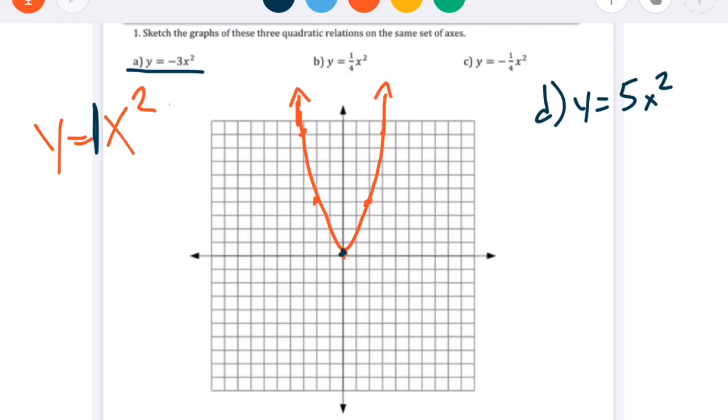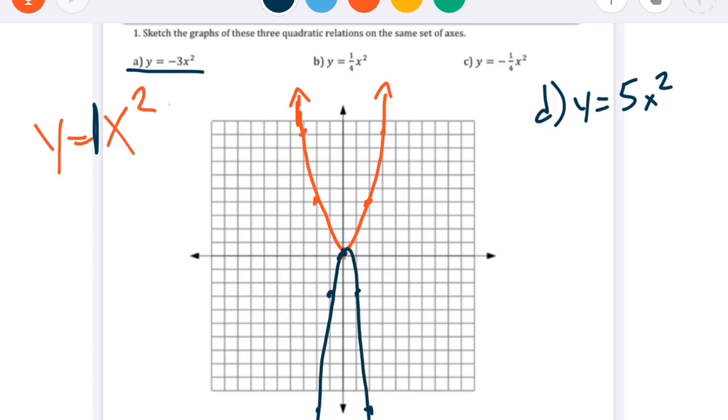So that point's going to be right there. If I plugged in 1, I would get -3 as well. Now when I plug in -2, I'm going to start getting some bigger y values that don't show up on this graph, but it would be somewhere down here. So again, this is just a rough sketch.